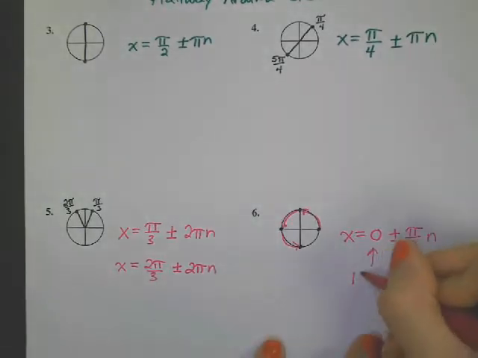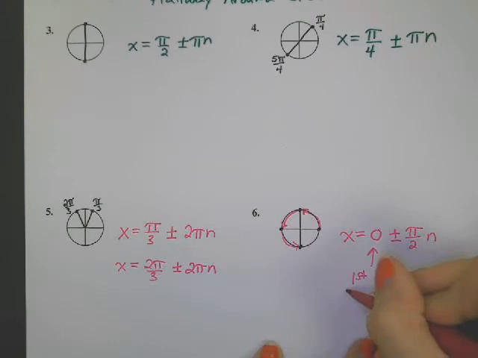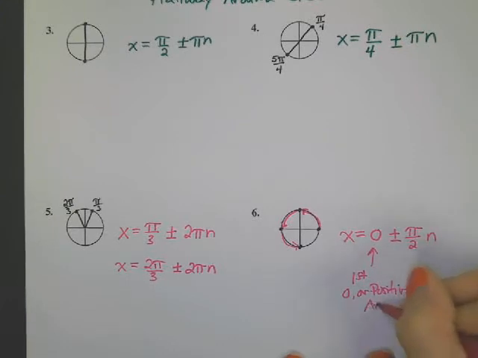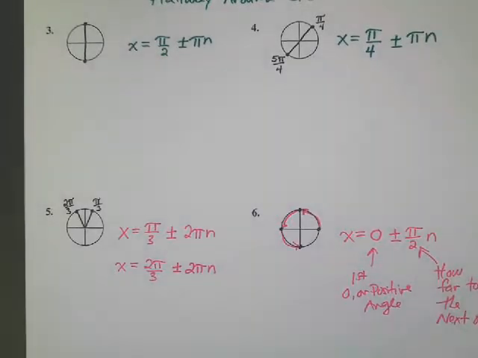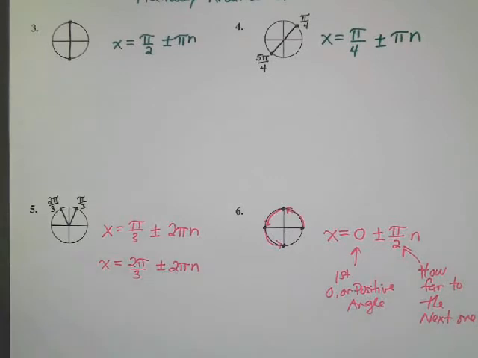So this is always the first 0 or positive angle. And then this is how far to the next one. Okay, let's do a couple more.